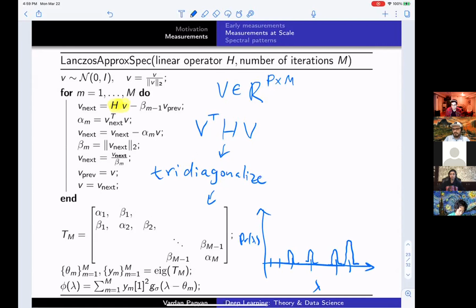And the magic is that these Gaussian bumps have to be weighted by a special number which is related to the eigenvectors. After you assign this special weighting, you get a weighted sum of Gaussian bumps that creates the beautiful approximation of the spectrum that I'm going to show you.